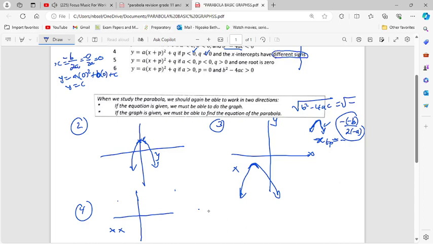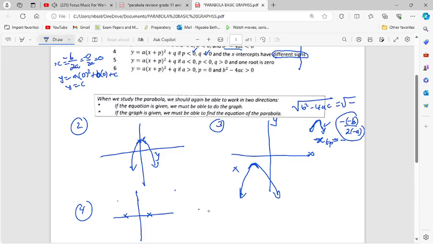Having a turning point in here in the third quadrant, the intercepts must be of different signs. The one must be in here, the other must be in here. So we must plot our turning point correctly so that we pass through the two.